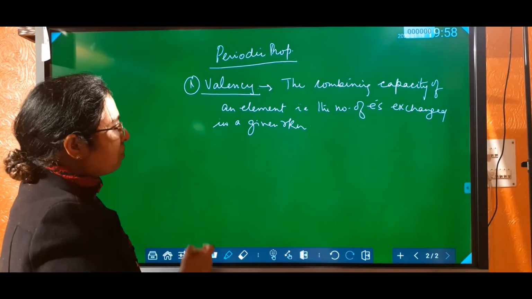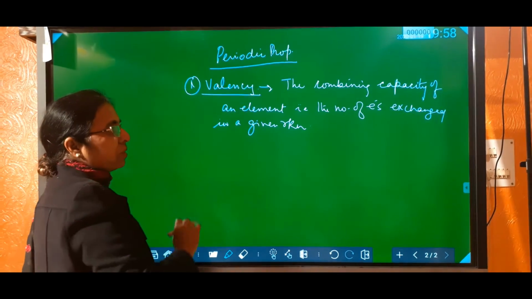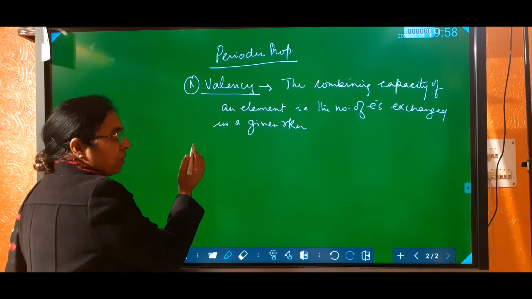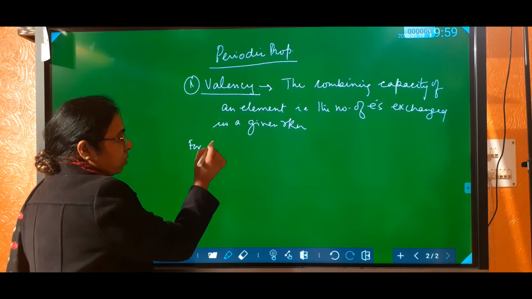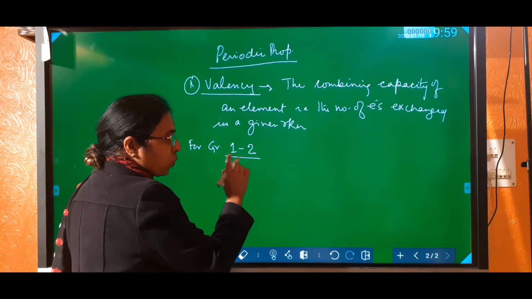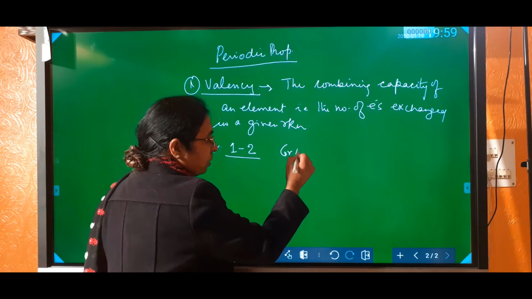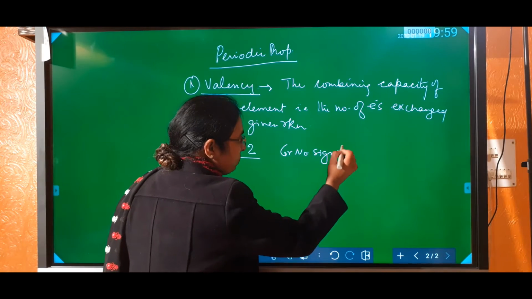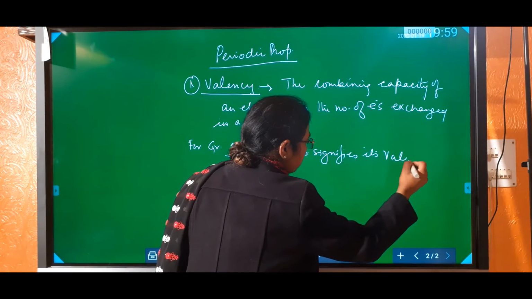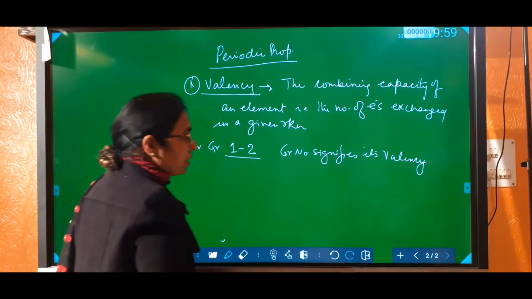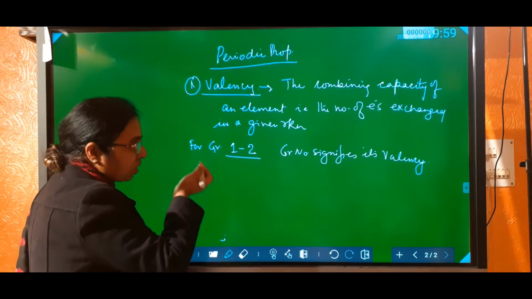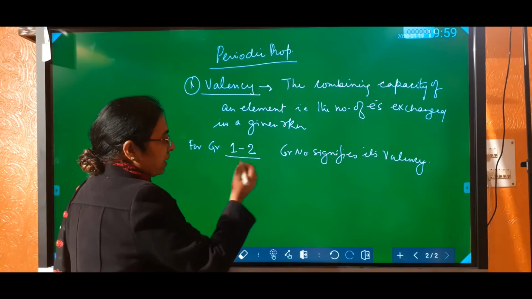The number of electrons changed in a given reaction becomes the valency of that element. So for groups 1 and 2, the group number signifies its valency. For group 1 and 2, the group number signifies its valency.